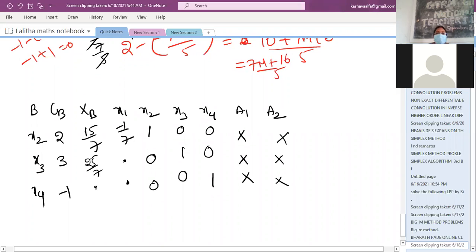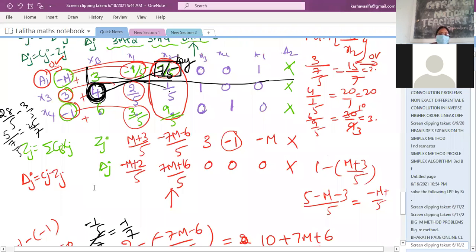Next, the last number in the xb column. How to calculate this position value? That is the 6 value. Same process. Start with the key element, draw a line from 7 by 5 to 6.